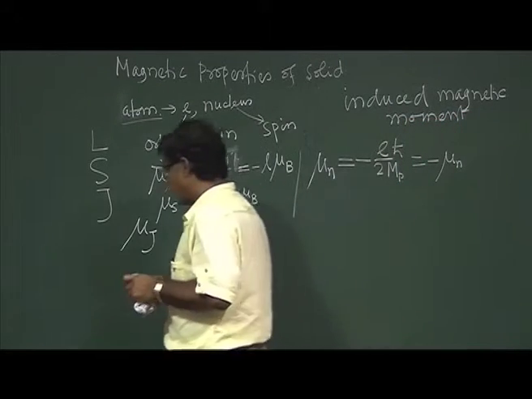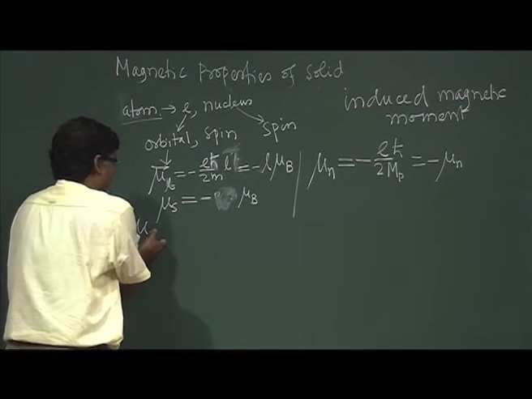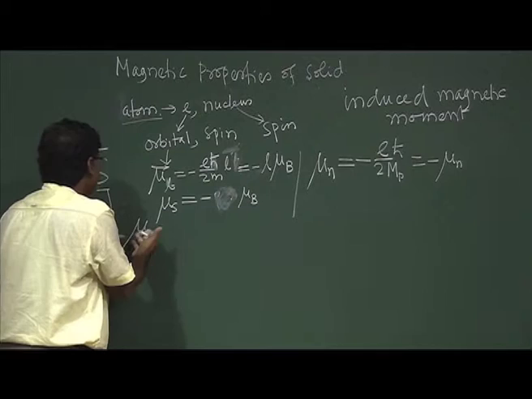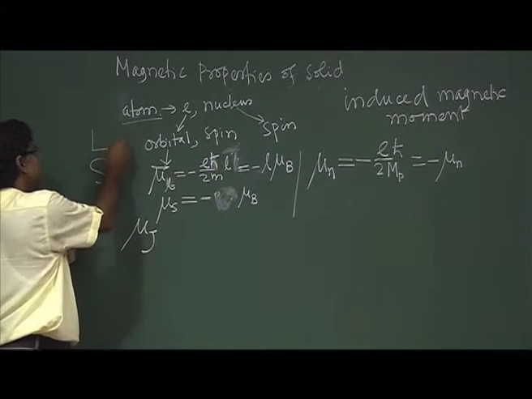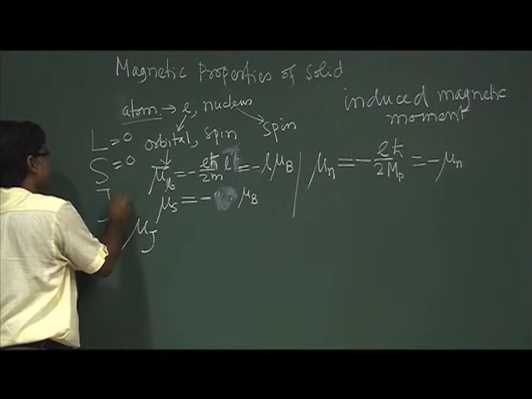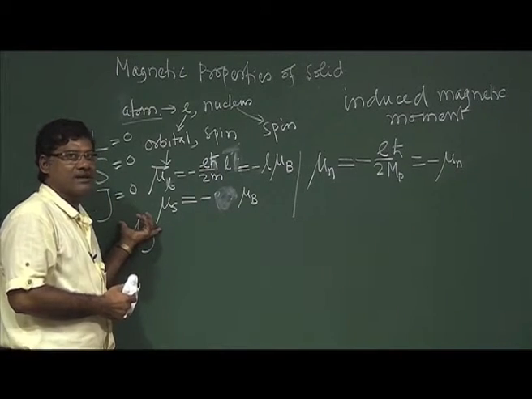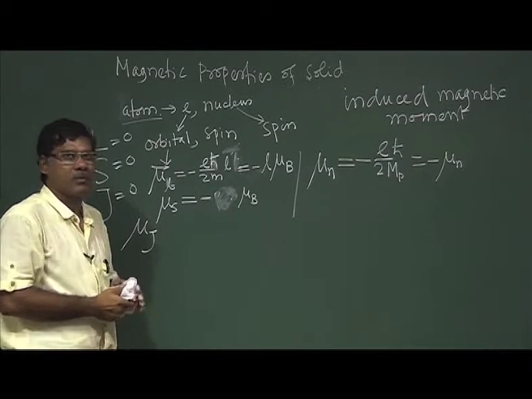This permanent magnetic moment is there all the time. It will only be absent if L equal to 0, S equal to 0, J equal to 0. Then the permanent dipole moment is absent.